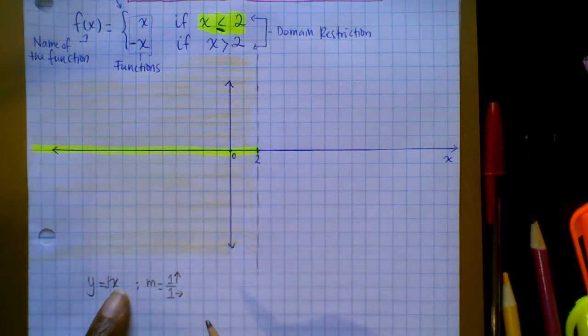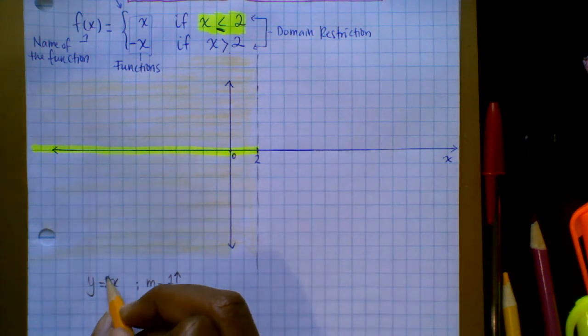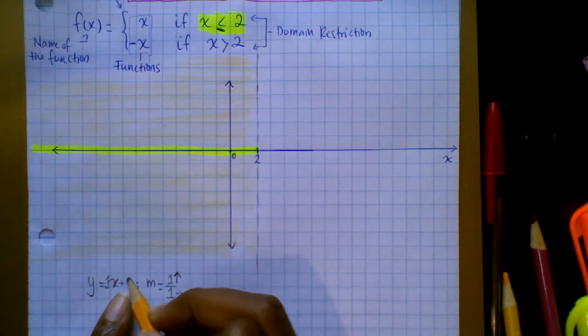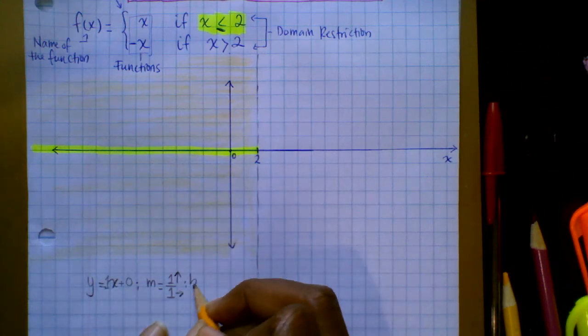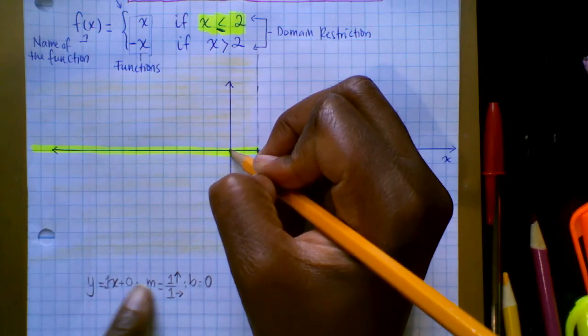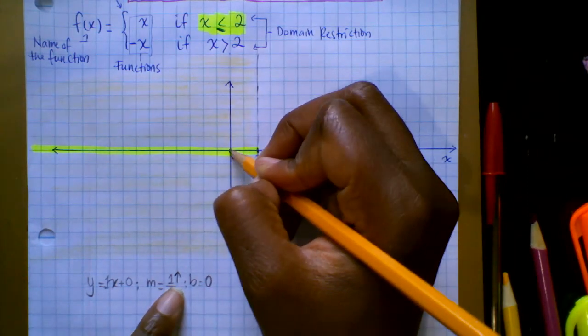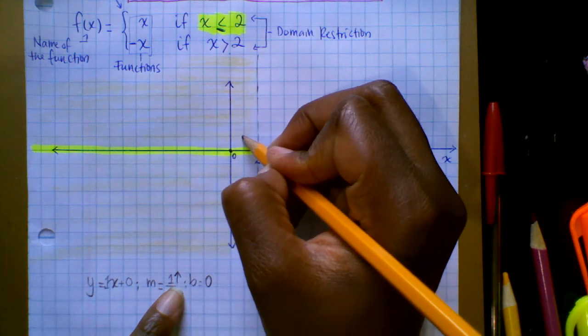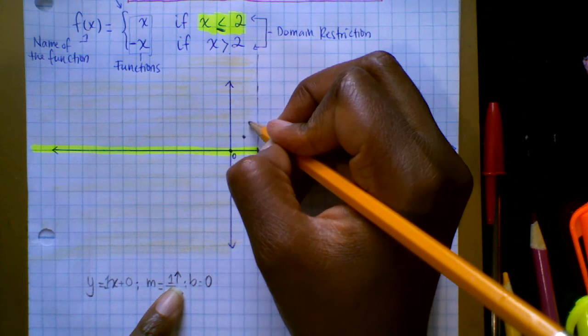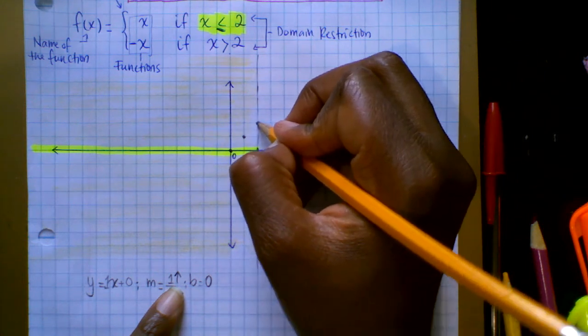And from where are you going to start? Remember, this is 1 times x, plus the number added to the x, which is 0. So you're going to start at the origin. I go up 1 and move to the right 1, then I place my dot. You go up 1 and move to the right 1, then you place your dot.